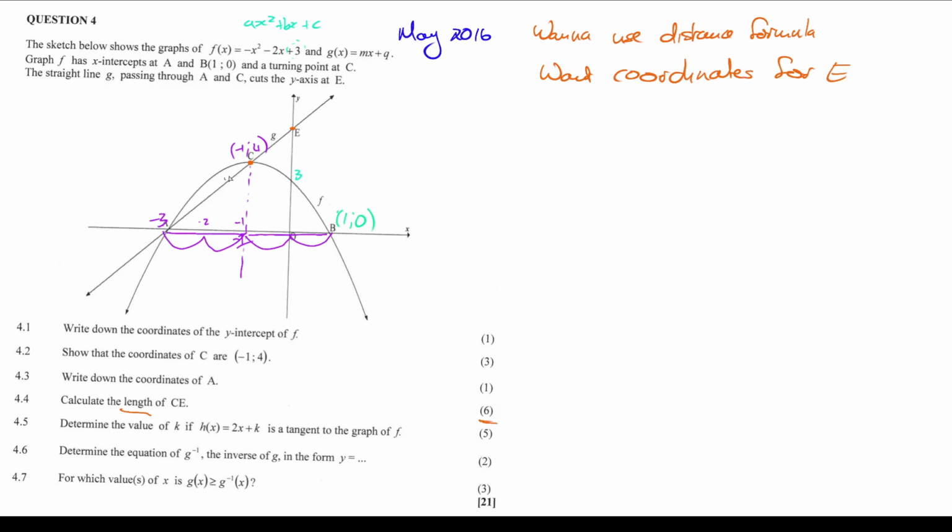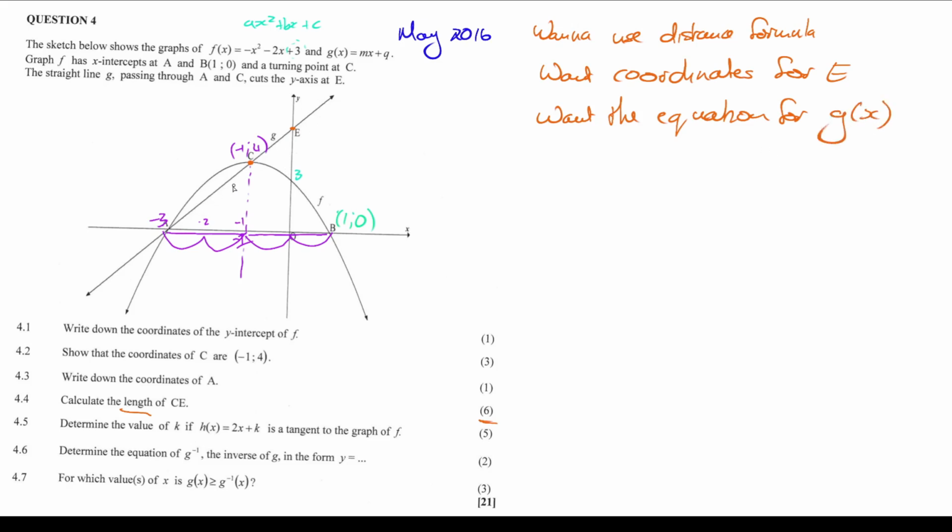In order to get the coordinates for E, E is the y-intercept of my straight line. So I want my straight line, I want the equation for g of x.